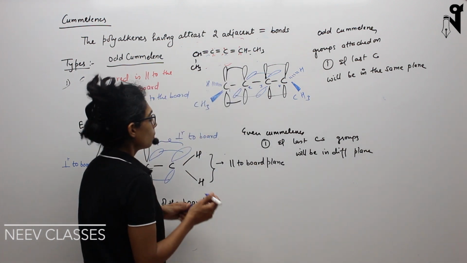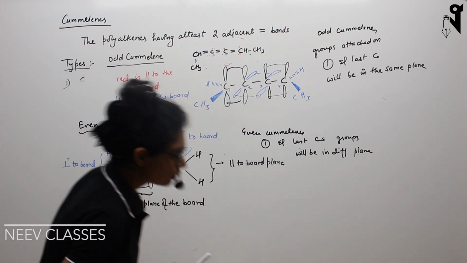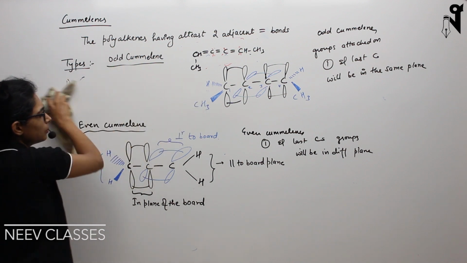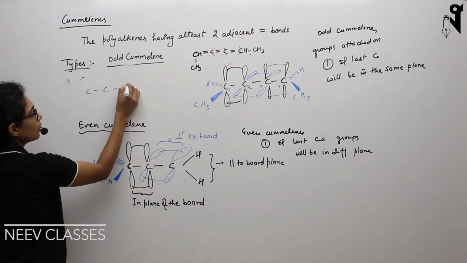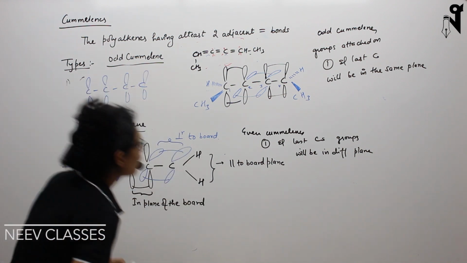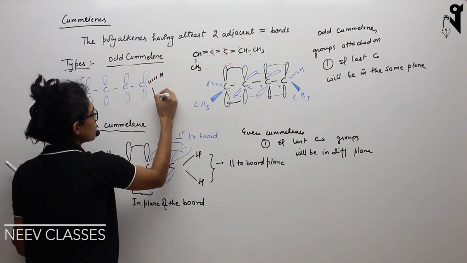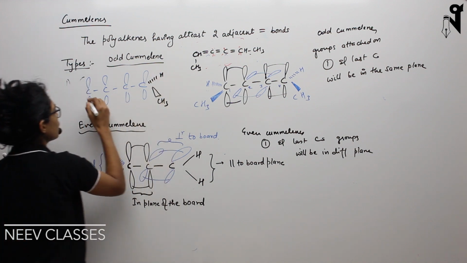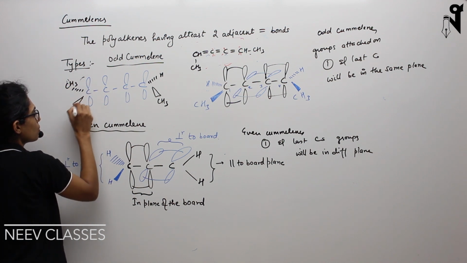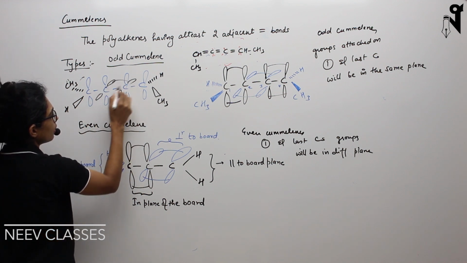So what I can say is, if I have to draw the structures over here, this is hydrogen, this is CH3, and this is hydrogen, and there is a sigma bonding here.